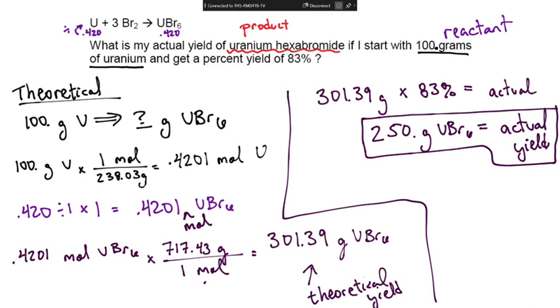Most problems want us to find the percent yield, but it kind of shows us why this might be important. If this engineer figured out that the best thing to get for this reaction was 83%, they could use something like this to figure out what they would expect to get from this chemical reaction based on the procedure that they had come up with, if they realized that this procedure only gave them an 83% yield.